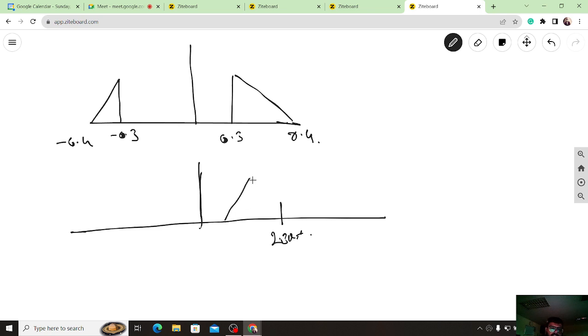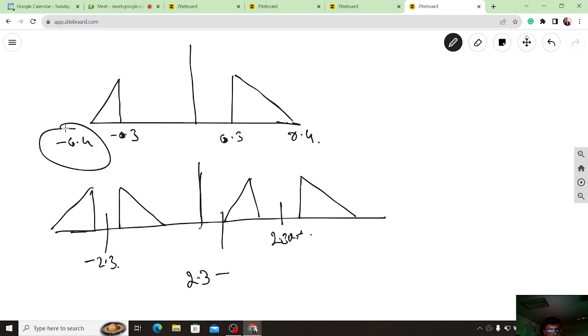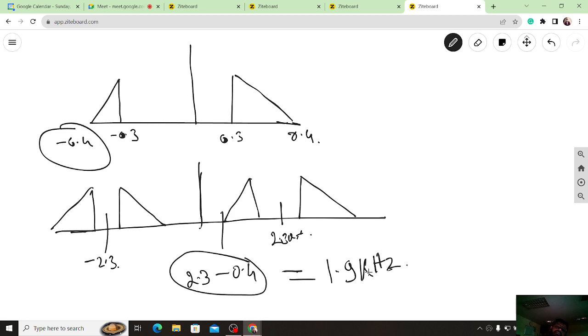So the signal becomes like this. This part will be 2.3 minus this 0.4, that is equal to 1.9 kilohertz. So that is the region where our signal ends.